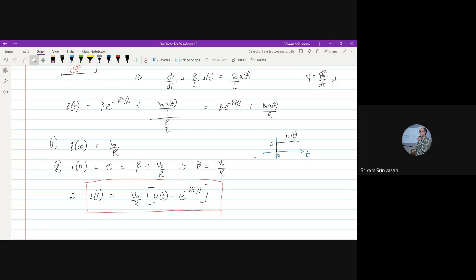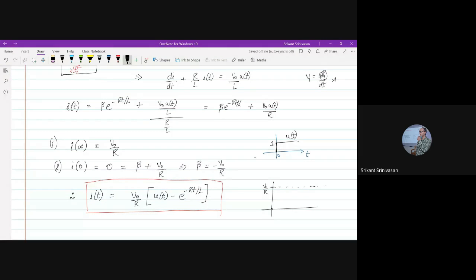Then gradually as t increases, this term becomes smaller and smaller, so the current keeps increasing. This is just 1 minus some fraction. And finally at t equal to infinity, this becomes 0 and you're left with only V naught by R. So if I were to draw the current curve, what will it look like? I know the maximum value is V naught by R, and that is at t equal to infinity.